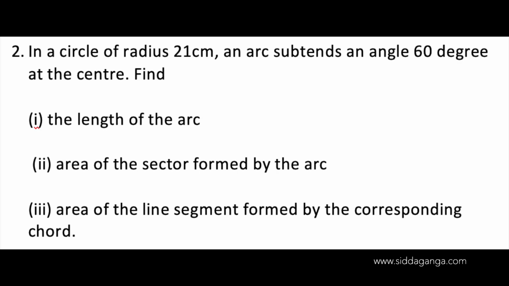Fifth one. In a circle of radius 21 centimeter, an arc subtends an angle 60 degree at the center. Find the length of the arc. See here there are three sums. One is length of the arc. Second one, area of the sector.